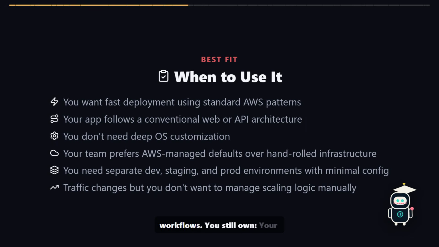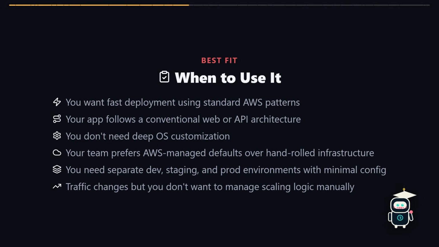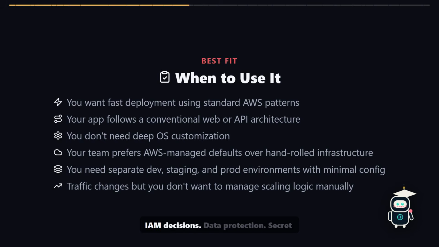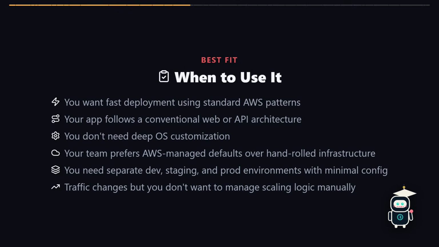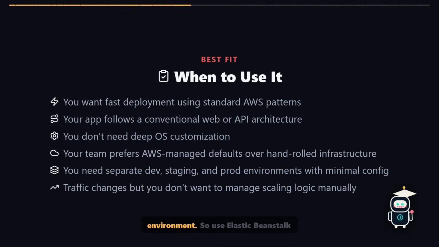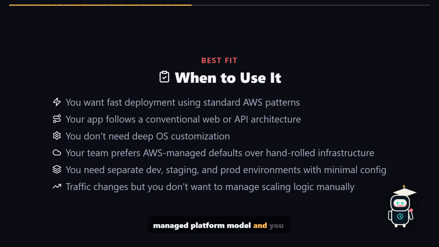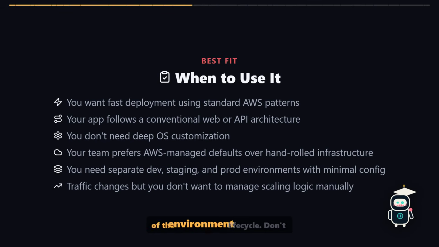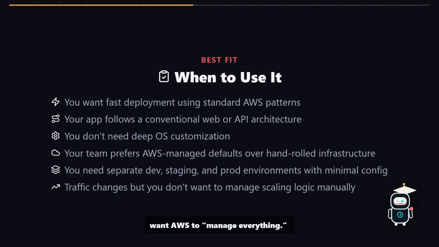You still own your application code, application dependencies, configuration, IAM decisions, data protection, secret handling, networking choices, compatibility testing, and the architecture surrounding the environment. So use Elastic Beanstalk when the application fits the managed platform model and you want AWS to automate more of the environment lifecycle. Don't choose it simply because you want AWS to manage everything.